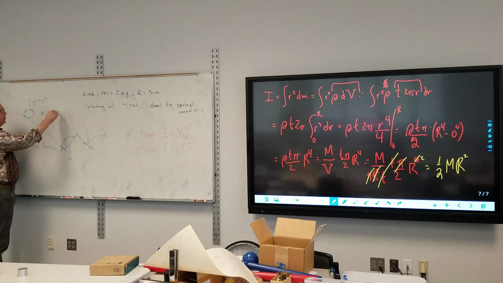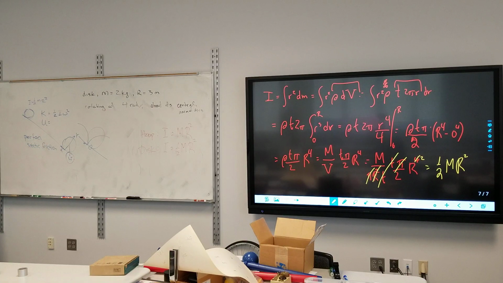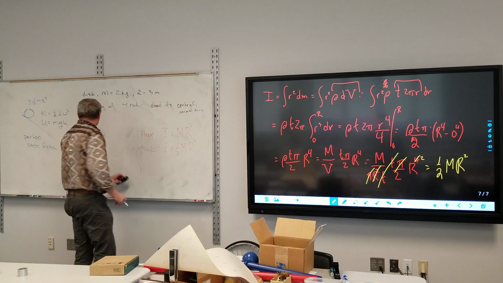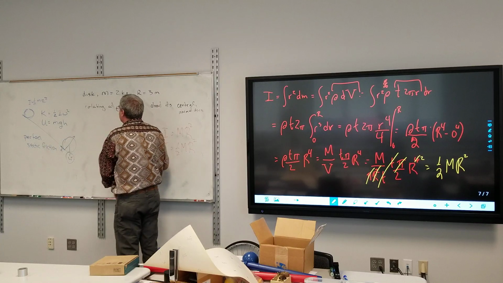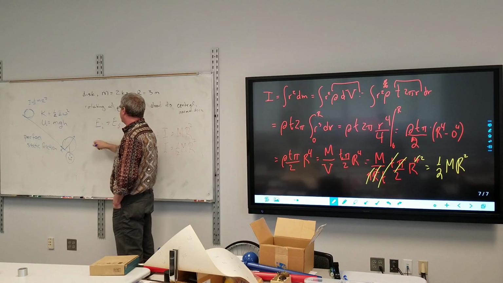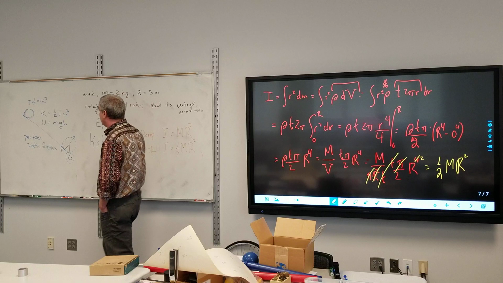So I've got 1/2 I omega squared because it's rolling. Potential energy associated with that conservative force? MGH. So since energy is conserved here, E initial equals E final. K initial plus U initial equals K final plus U final.